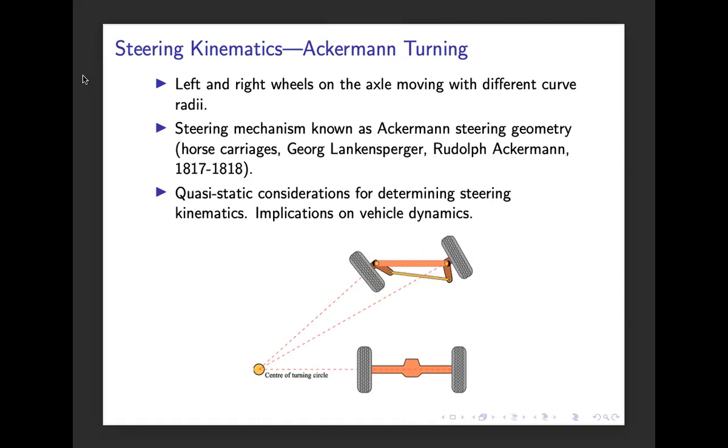They will have different radii, and that implies that we should not have exactly the same angle for the right and the left wheel on the axle. That mechanism was developed already in the 1800s, at that time for horse carriages. But it's still used as a basis for the design of the steering kinematics for cars.